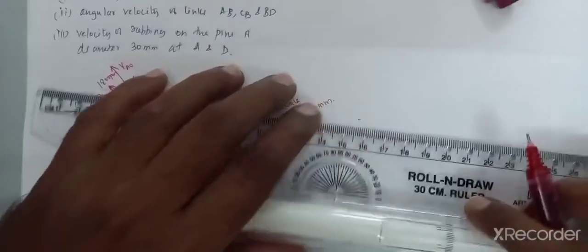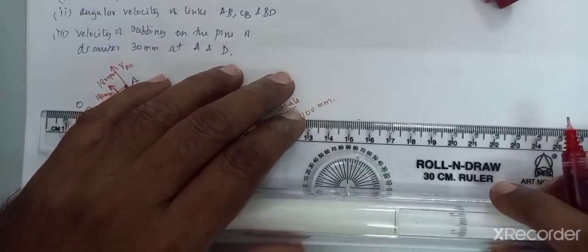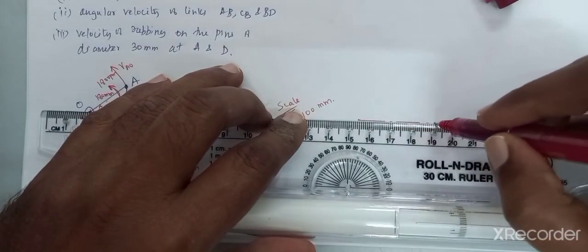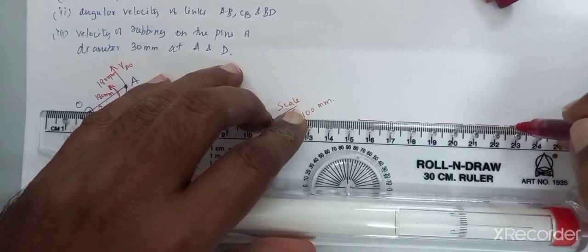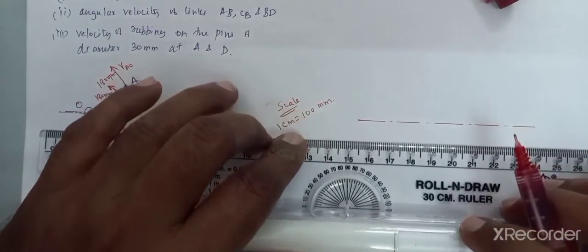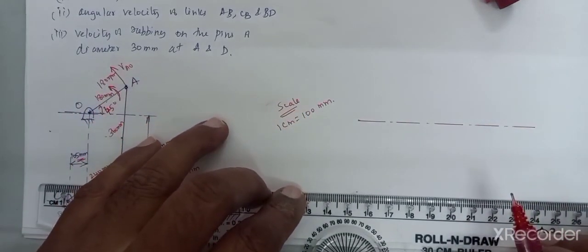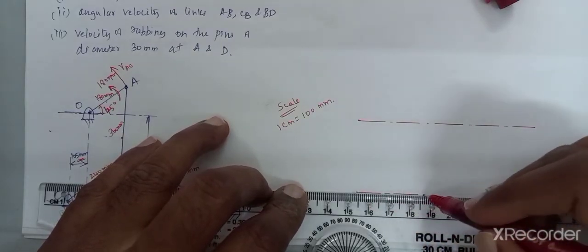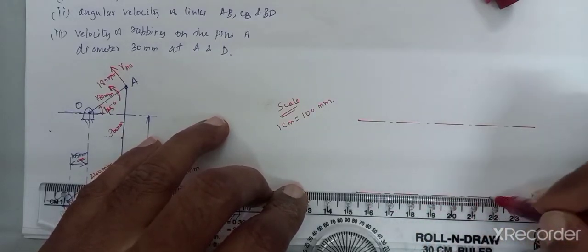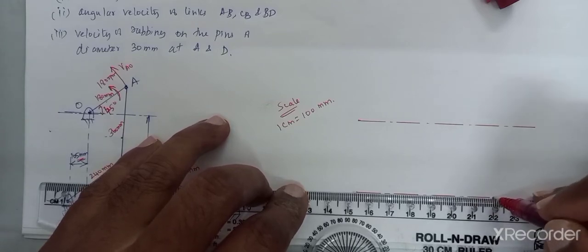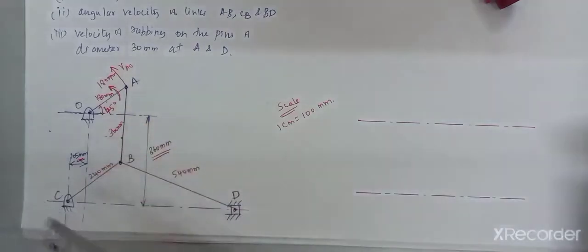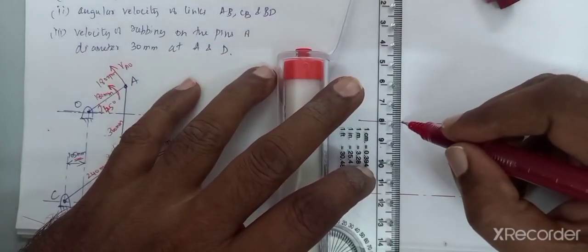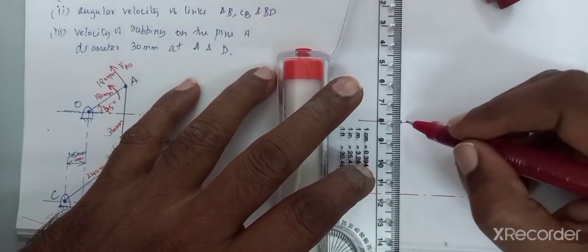Now I am going to draw the horizontal axis. Now I am going to locate the point O at this point.